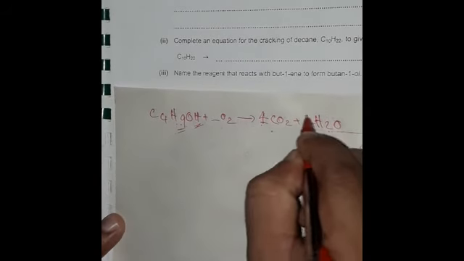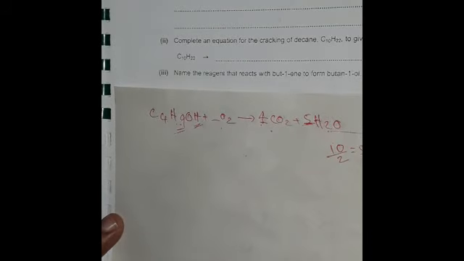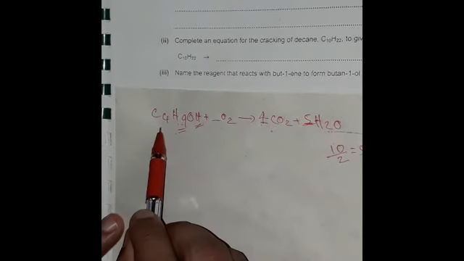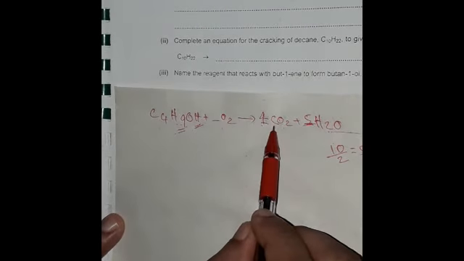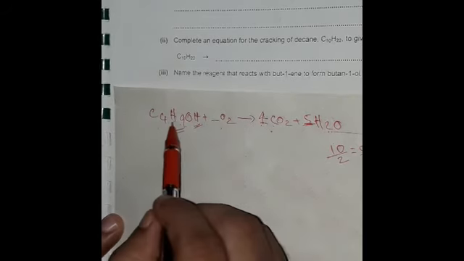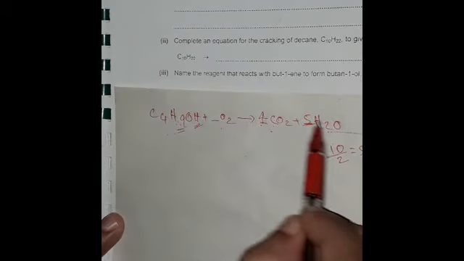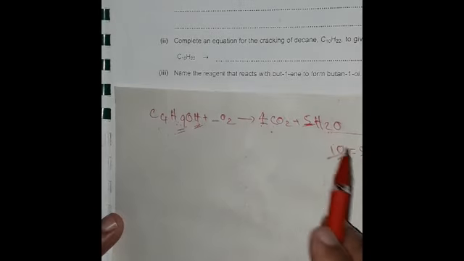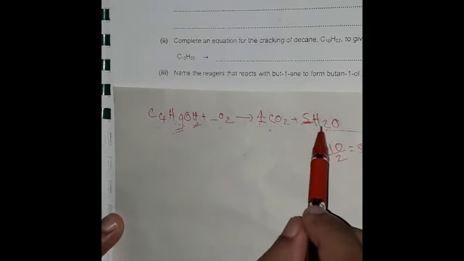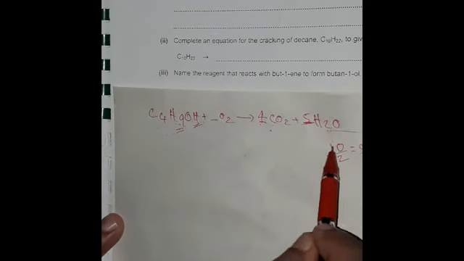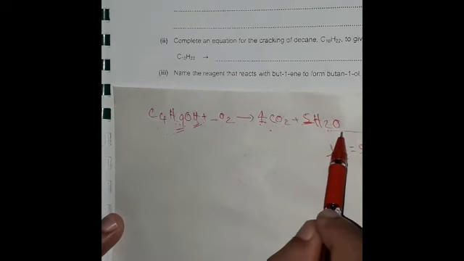So 5 H2O. So I will repeat once again, here 4 carbon, that's why here 4 carbon dioxide, here 9 plus 1, 10 hydrogen in left hand side, so we need 10 hydrogen also in right hand side. Here H2, because of this 2, 10 by 2, 5 H2O.